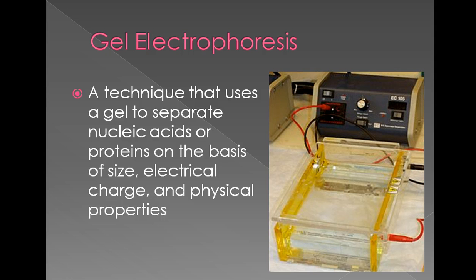To your right, you'll see a picture of gel electrophoresis, a clear box with gel inside, and attached to the box are wires which give off the electrical current, which will cause the DNA molecules to move down the gel, which will help determine the size, charge, and physical properties.